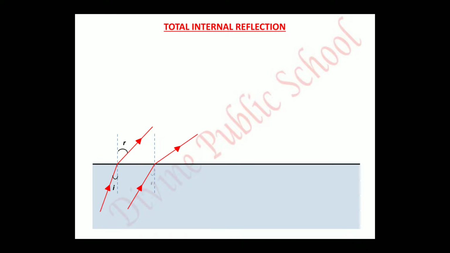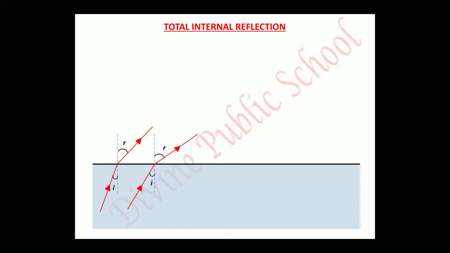In this case, angle of incidence and angle of refraction both are greater than the previous ones. Why is it so? Because we have increased the angle of incidence and the angle of refraction has to be greater than the angle of incidence. So if we keep on increasing the angle of incidence, the refracted ray will bend away from the normal and keep on moving towards the surface.